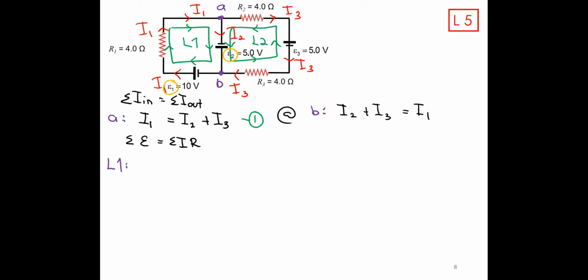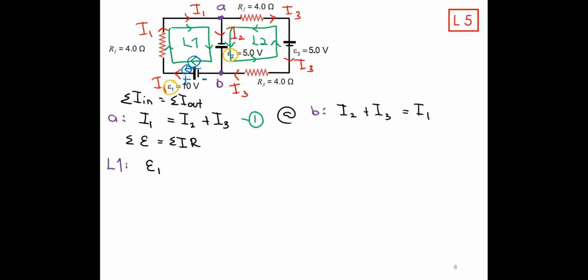If you choose to start from A, it must be a closed loop, so the end is also at point A. Since EMF1 is in the same direction as the loop, from negative to positive, it is a positive EMF1.